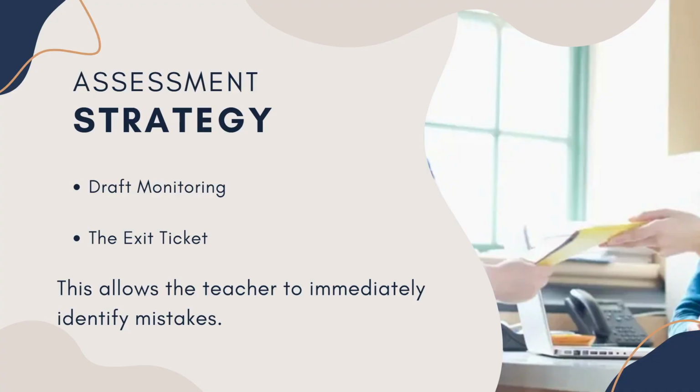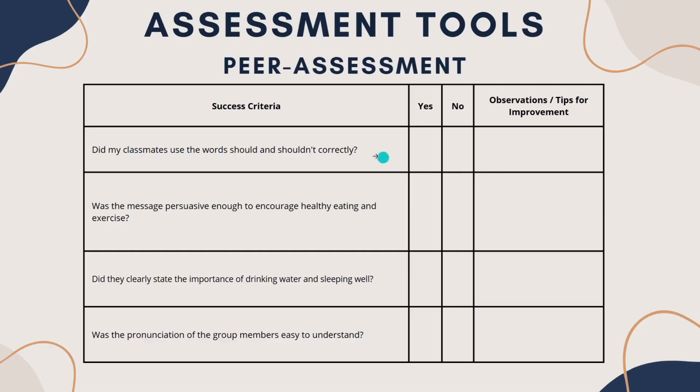So the students need to write freely and creatively in the way that they are able to respond and fulfill the requirements of the writing stage. And lastly, we have the assessment tools.